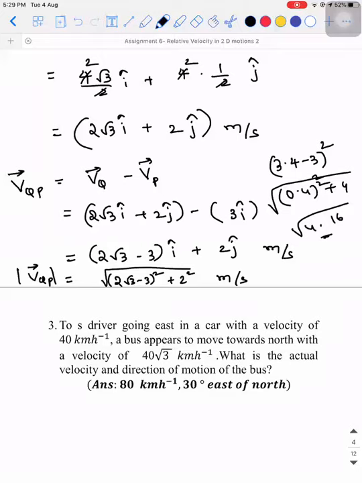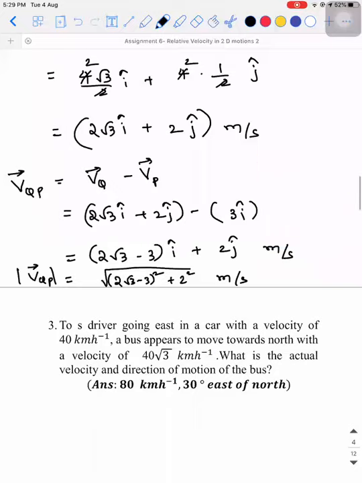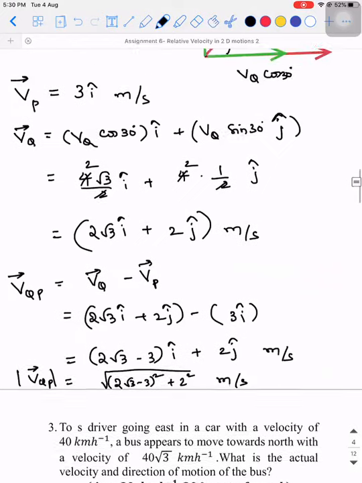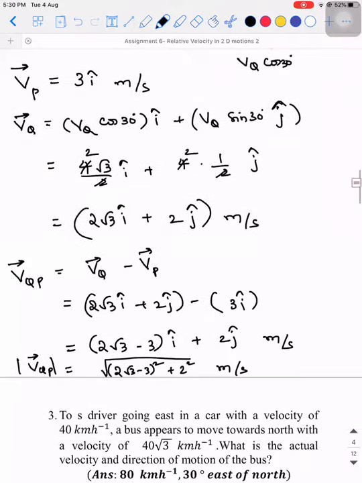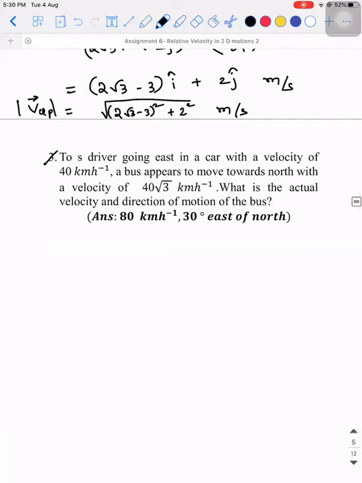Actually, you can do it, but for that you need to understand a concept called rotation of axis, which is slightly above your standard, and I don't want to explain and confuse you. Leave it. So as of now, have this point in your mind: you will resolve the components of vectors which are neither completely along x direction nor along y direction. That's it. Now, shall we do the third one?